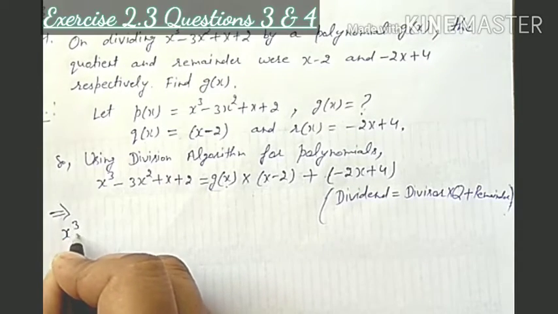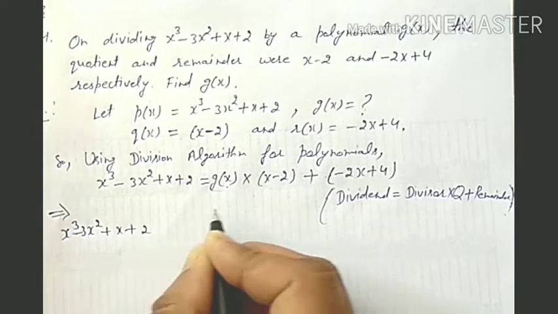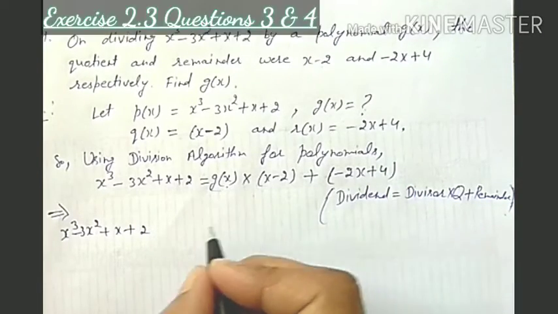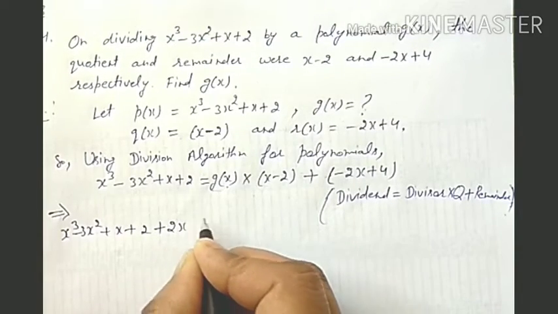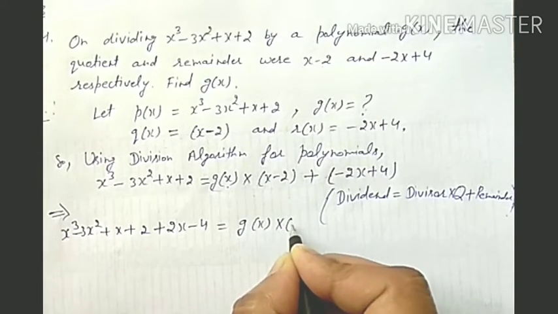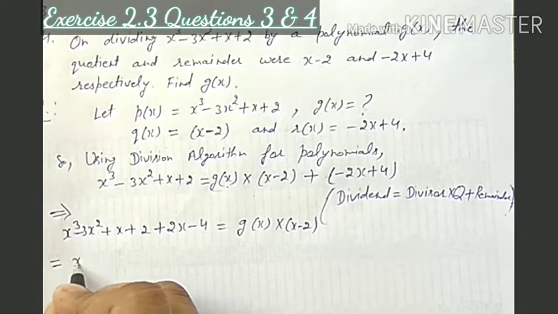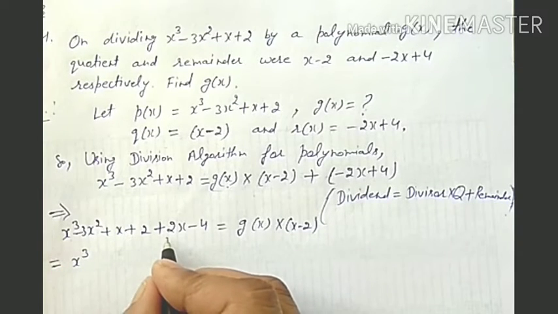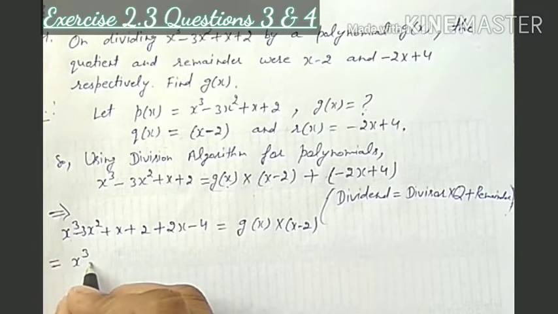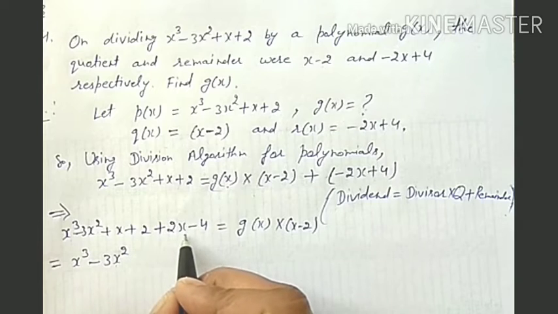So using transposing method, we will carry this term, rx, minus 2x plus 4, to the right hand side, and minus 2x will become positive plus 4 minus 4 is equal to gx into x minus 2. x cube as it is, because there is no other like terms, also no other like terms for x square, but plus x plus 2x.